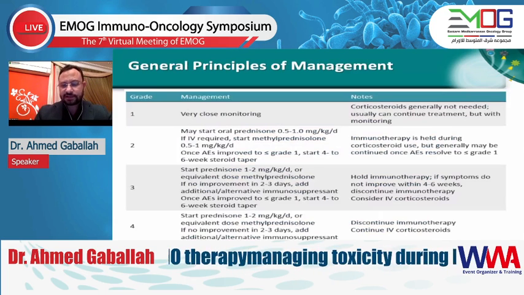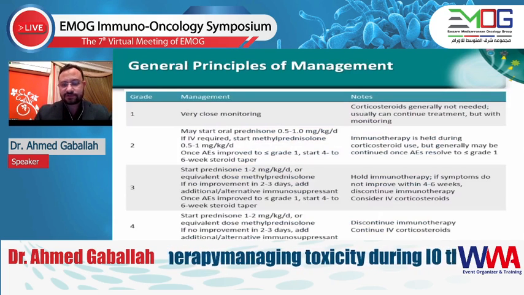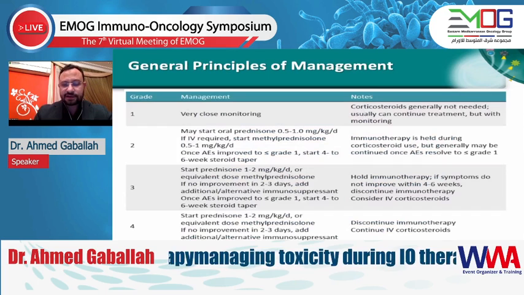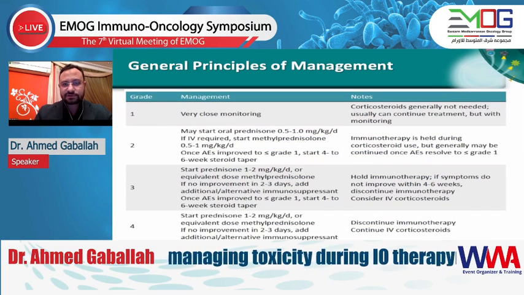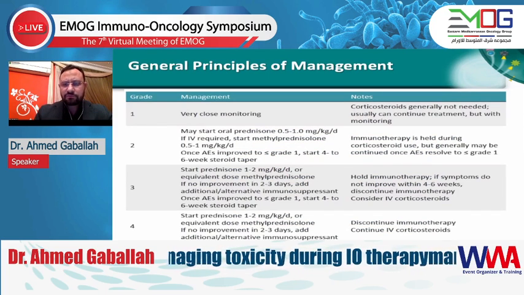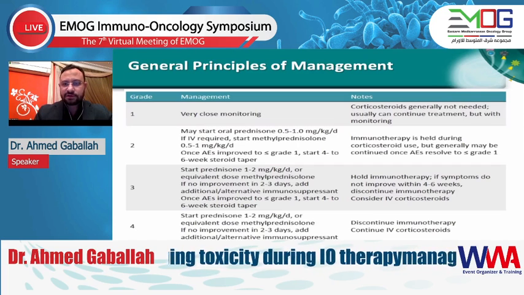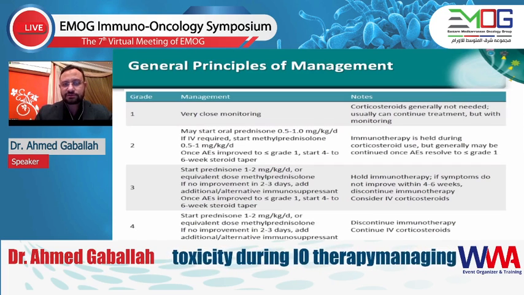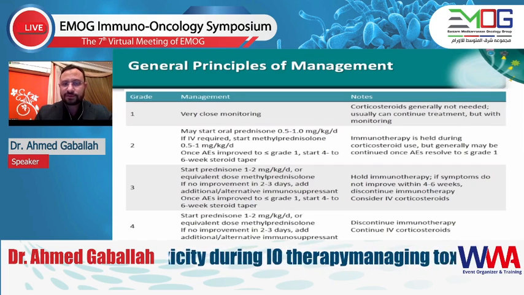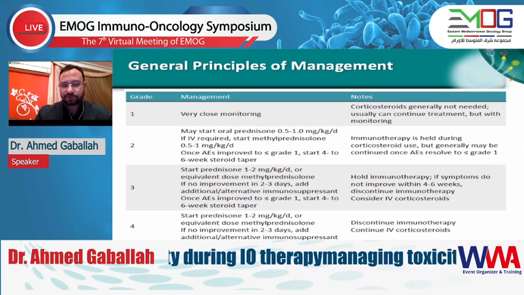We have general guidelines for treating immune-related adverse events based on the grade of the toxicity. If we have a grade 1 toxicity, usually we don't use steroids. We continue monitoring the patient and we continue our treatment, but we keep the patient under careful monitoring.